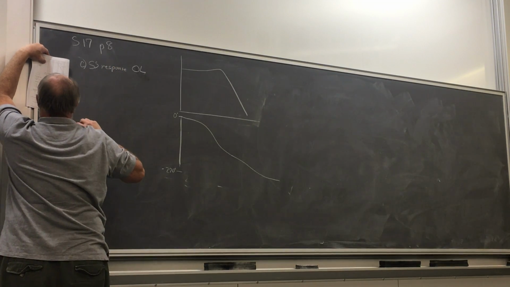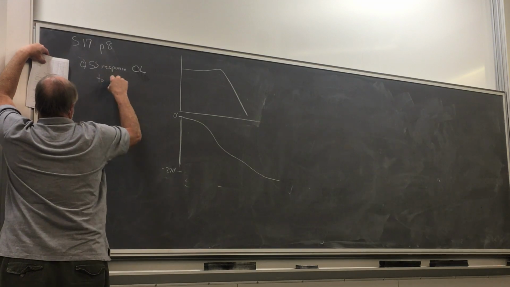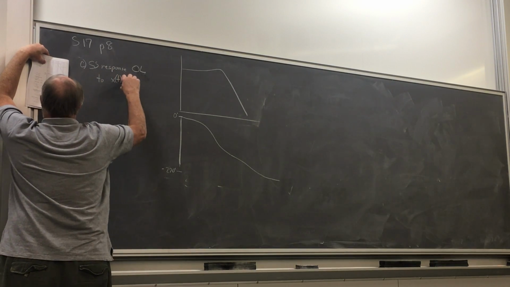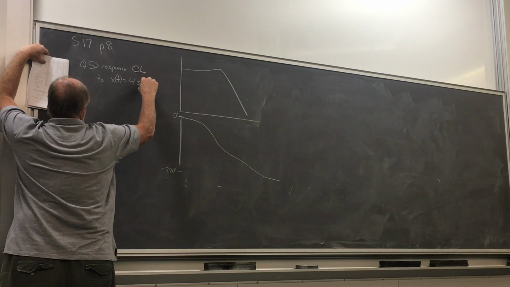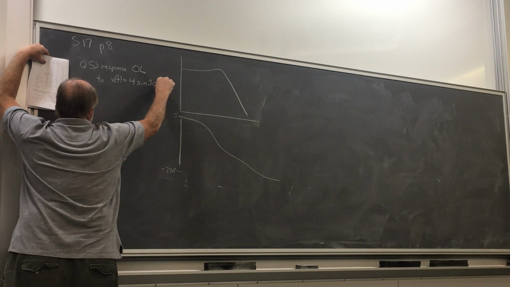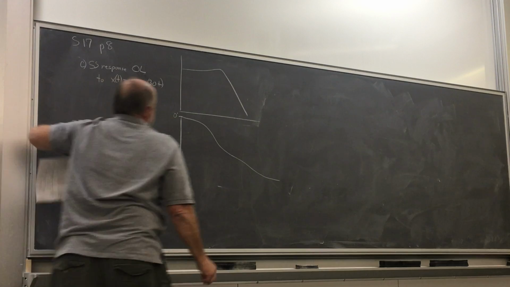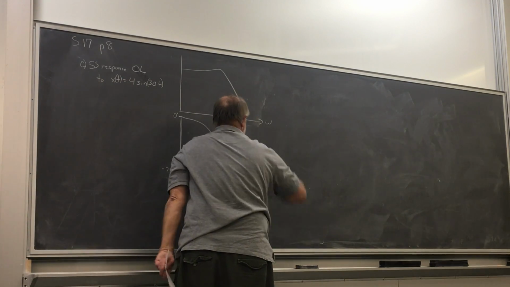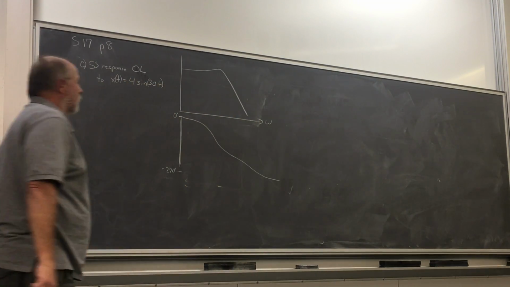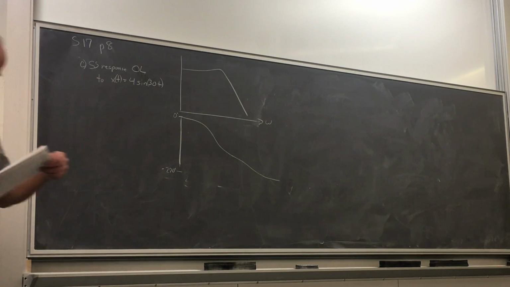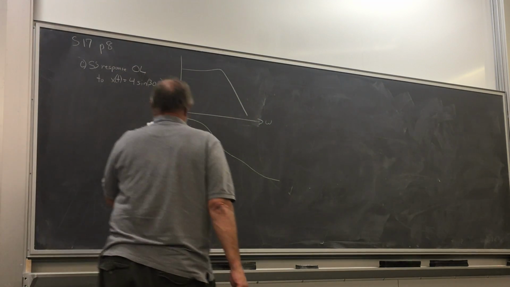An open loop system, x of t is equal to 4 sine 30t. This, by the way, is omega in this direction. So, what are we going to do? See if I can figure this.